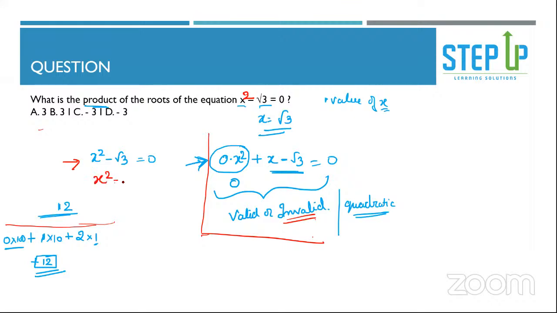Because x square is equal to root 3. But what about plus minus root 3? x square is equal to plus minus root 3, isn't it? Minus root 3.